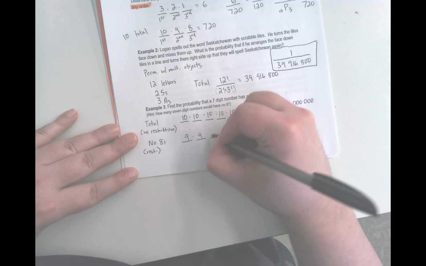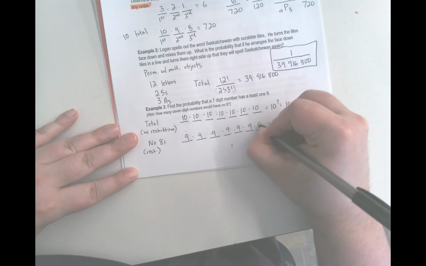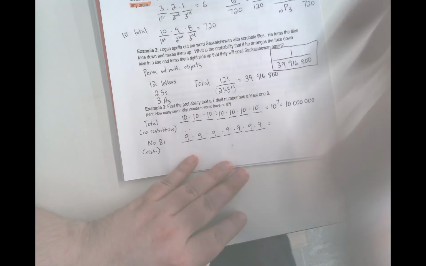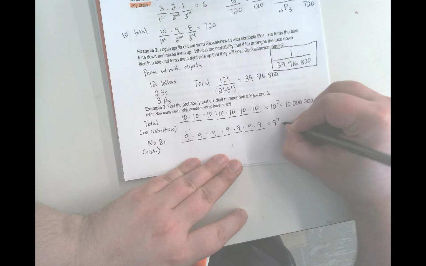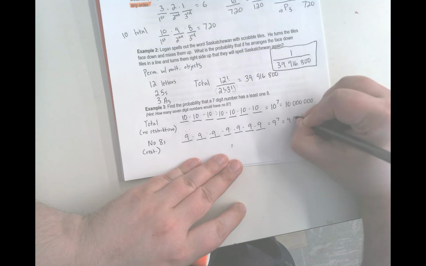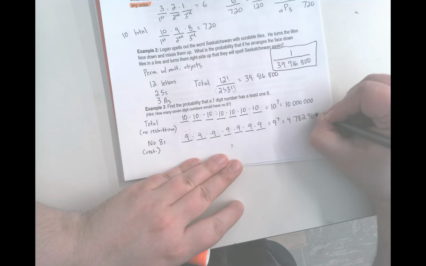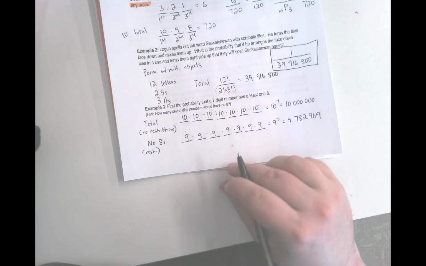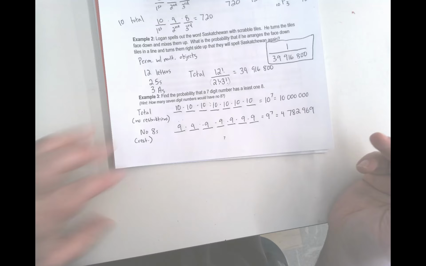So these all have 9 remaining options. This is going to be 9 times 9 times 9 times 9, and so on. 9 to the power of 7 is 4,782,969. I'm going to assume that's correct. Again, I might have made a mistake on that earlier, but just do 9 to the power of 7, see if you get the same answer.